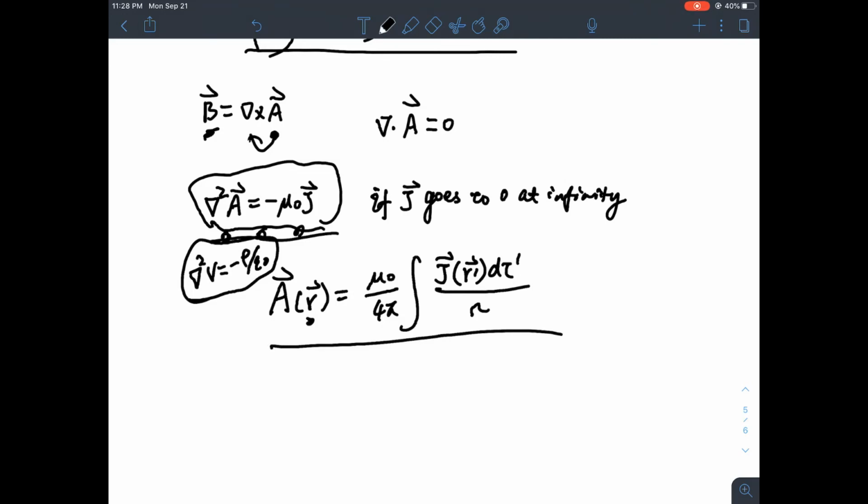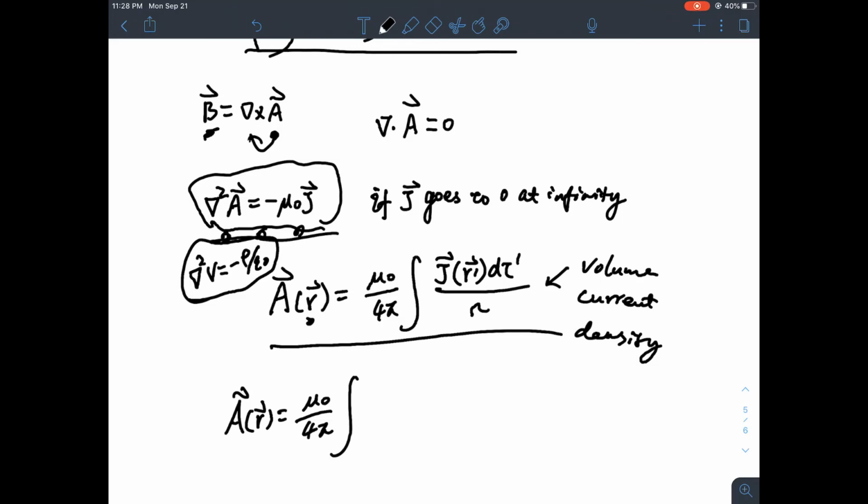This is the equation for the volume current density. If we have a line current, we just replace J with the current, integrate over some small element of length, and divide by the cursive r.